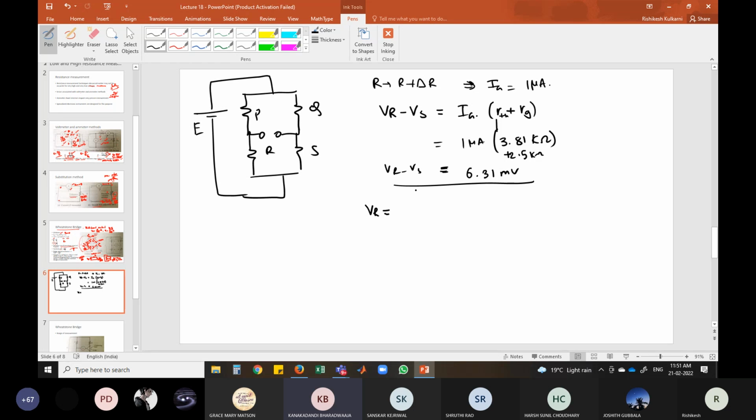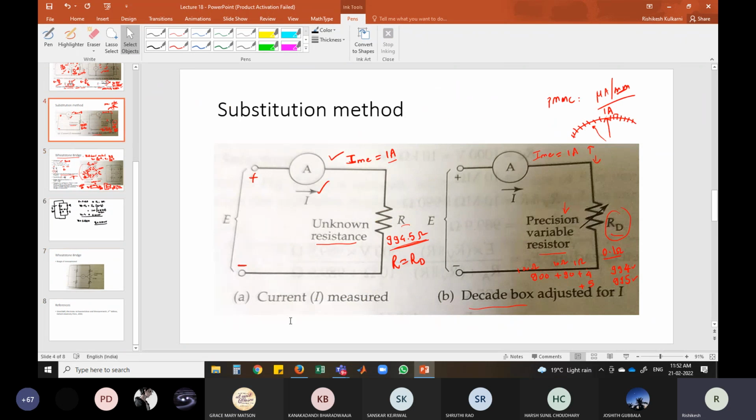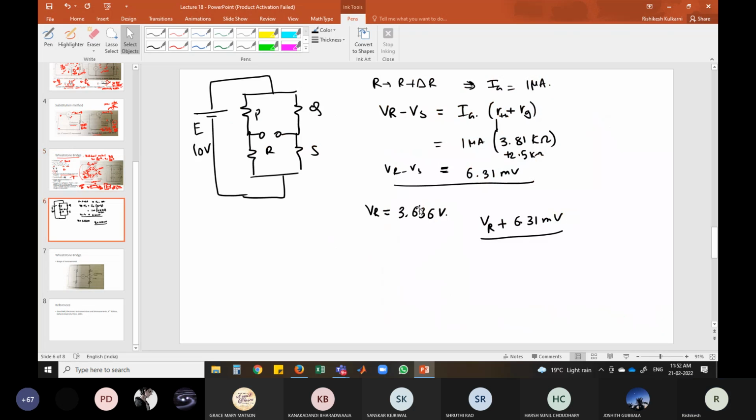So that will be nearly 3.636 volt. Now it has increased. What is the value of E? It is 10 volts. Yeah, it is mentioned there.